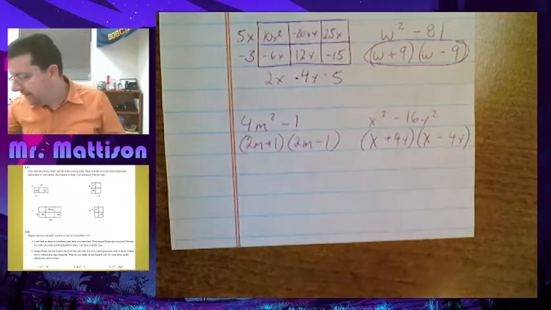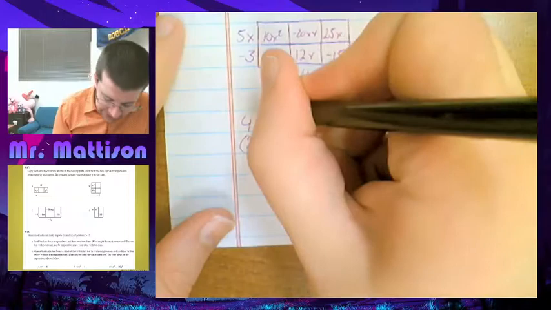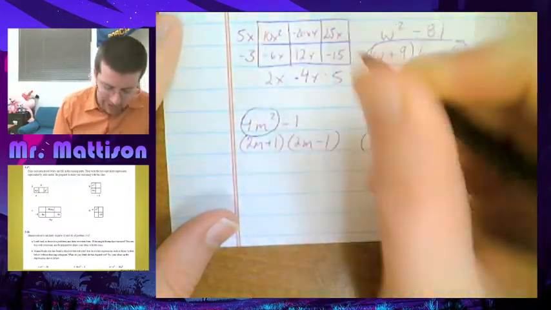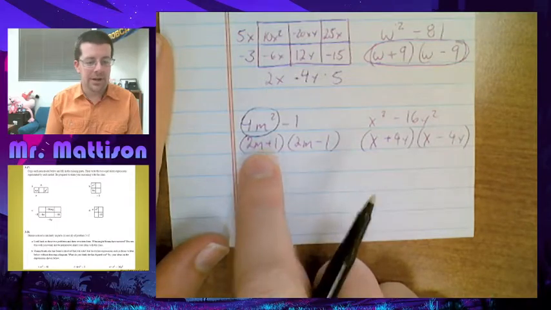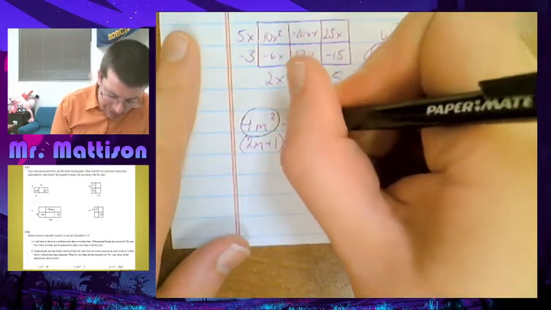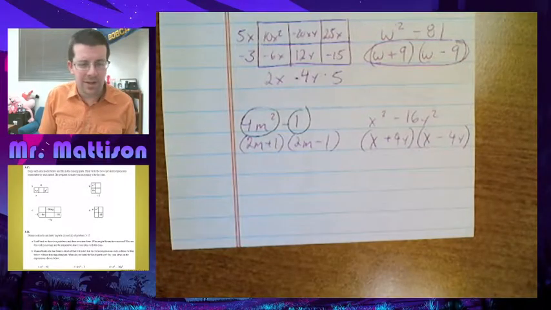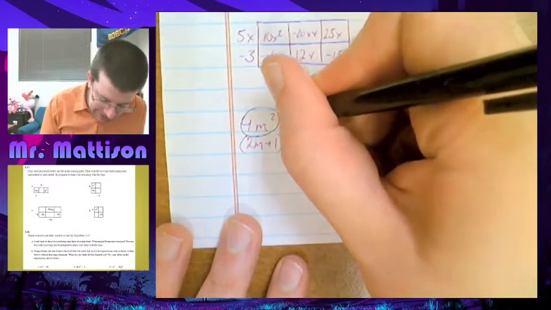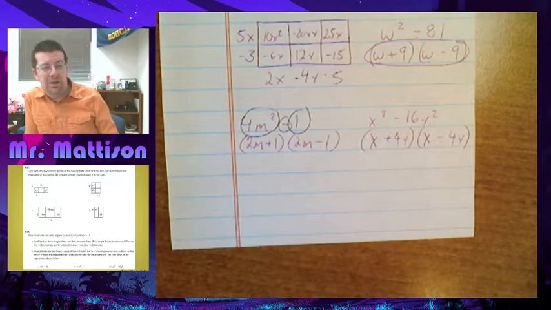So again, the big thing that I want to reinforce right now is that this is going to work if the following criteria are met. The first term is a perfect square, meaning I can square root it and get something nice out of it. The second term is a perfect square. Again, I can square root it and get something nice out of it. And it is being subtracted. You need to have all three of those criteria met if you want to follow this pattern.